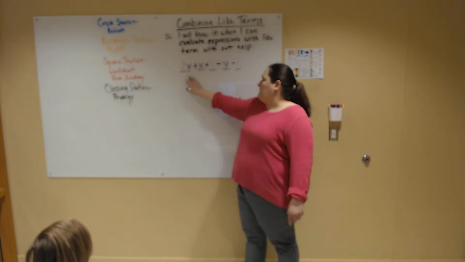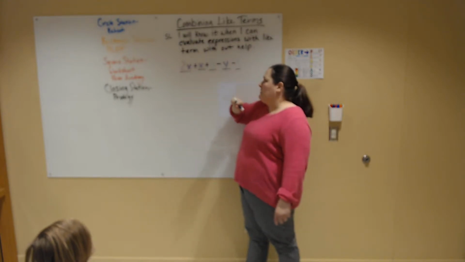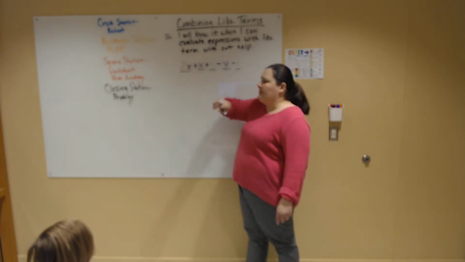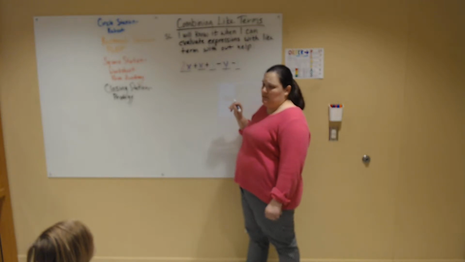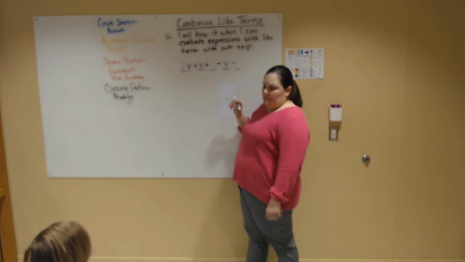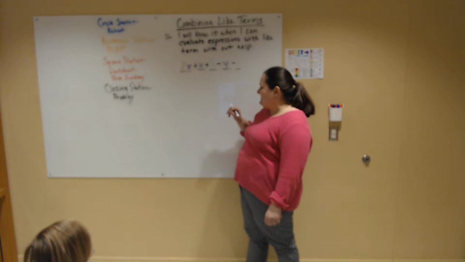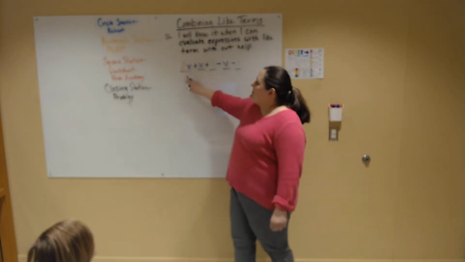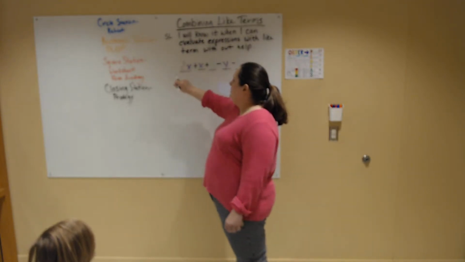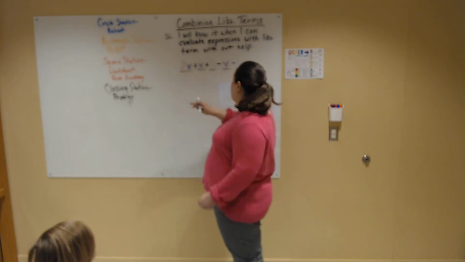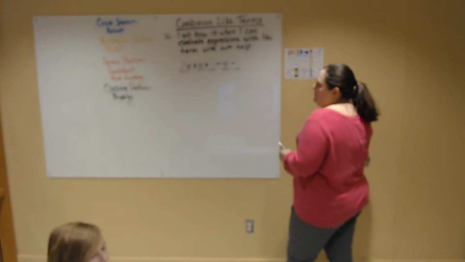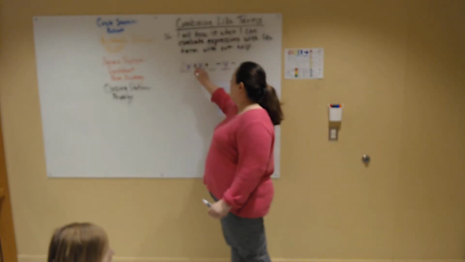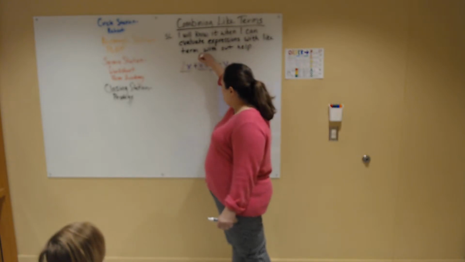So what do you guys think that 2x plus x is going to equal? 2xx? That's a good guess. It's actually going to equal 3x because there is an imaginary 1 in front of this other x, okay?